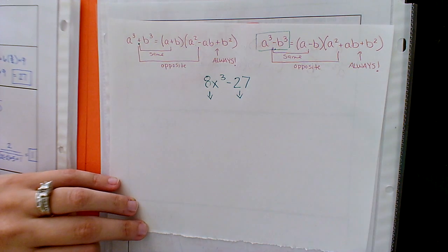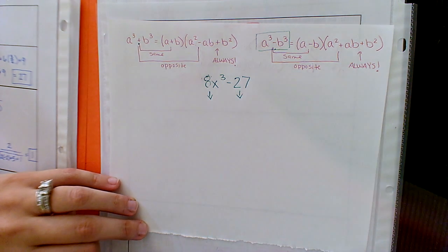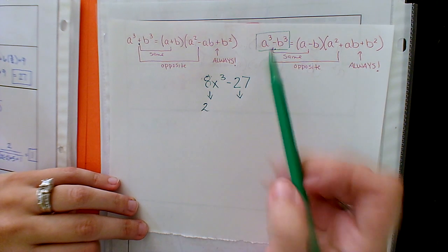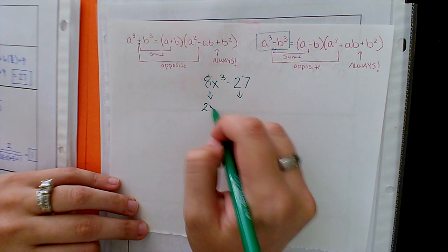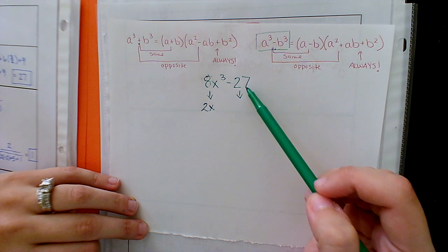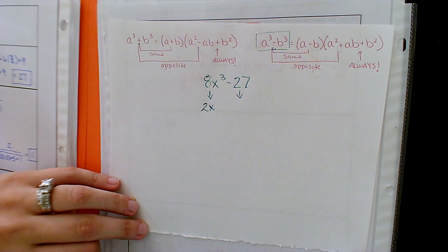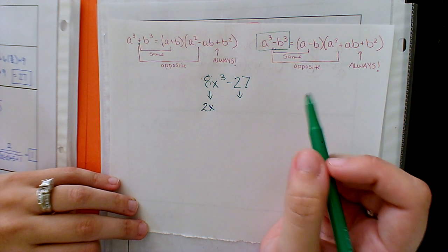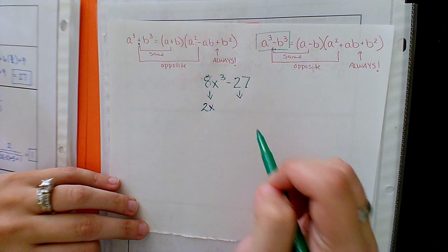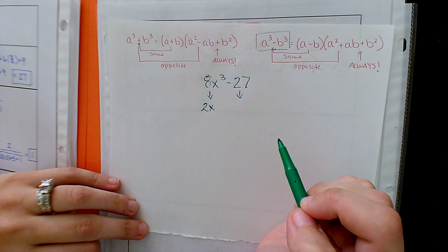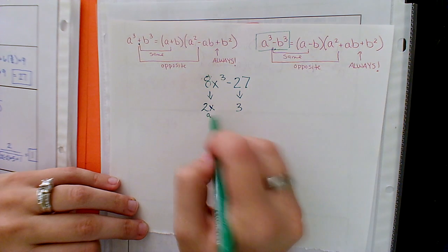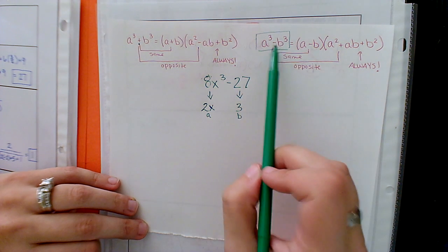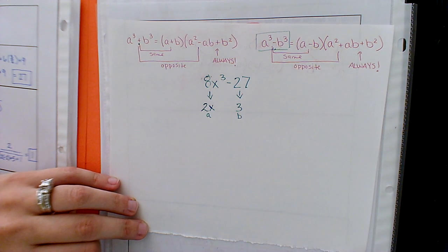Can you think about what number times itself 3 times would give you 8? 2, and then what variable times itself 3 times would give you x cubed? That'd be x, right? What number times itself 3 times would give you 27? Not 9. 9 times 9 times 9 would be really huge. This would be 3. So this is considered kind of the a value and the b value in this setup.